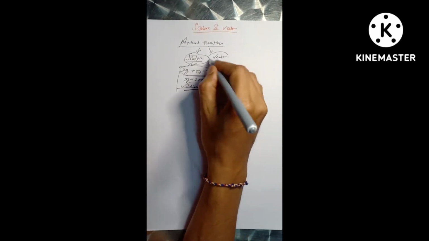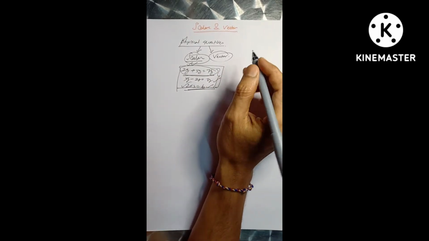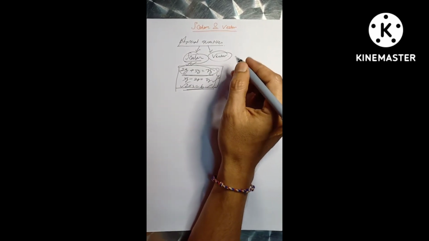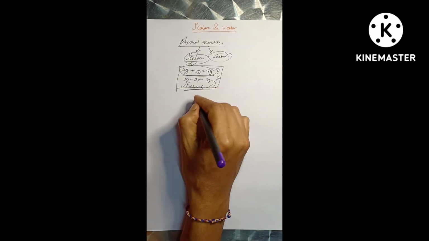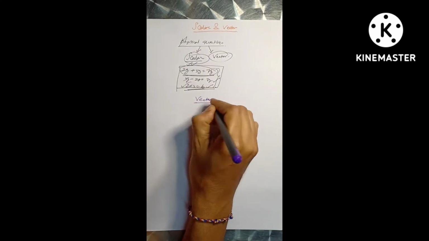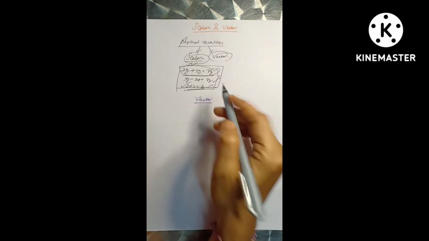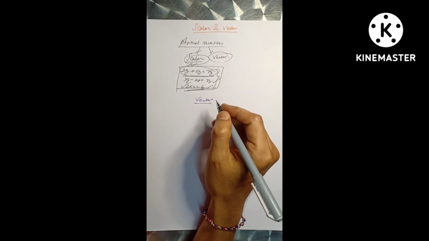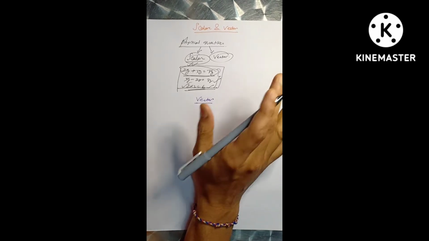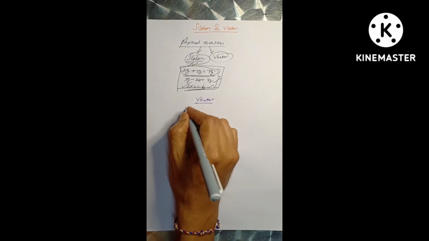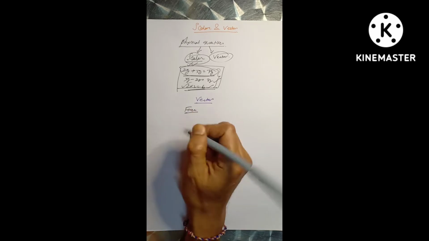Now what is special in vector? We will discuss vector in detail. Vector quantities are those quantities having magnitude and direction. Suppose force is a vector quantity.